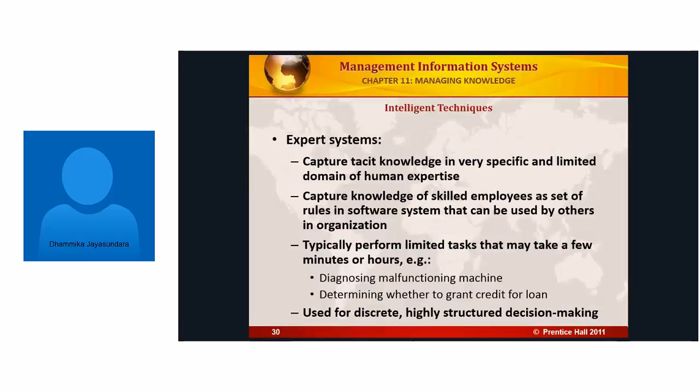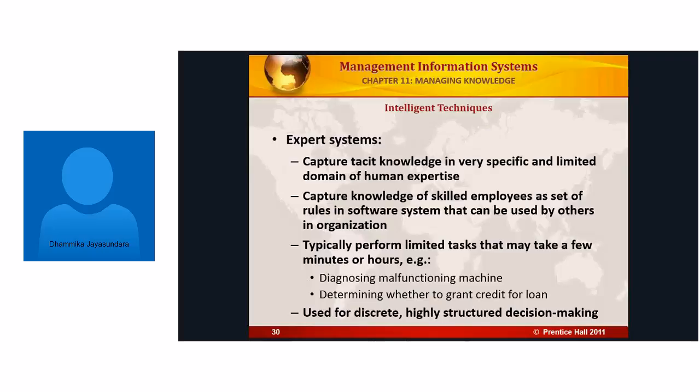So when it comes to an expert system, it captures tacit knowledge in a very specific and limited domain of human expertise. It captures knowledge of skilled employees as a set of rules in a software system that can be used by others in the organization. So it typically performs limited tasks that may take a few minutes or hours. Examples: diagnosing a malfunctioning machine, determining whether to grant credit for a loan.